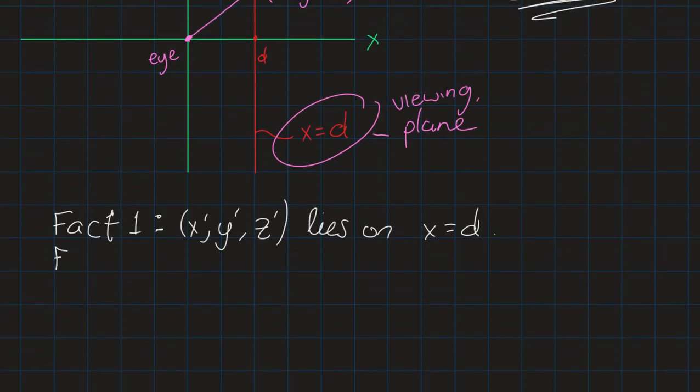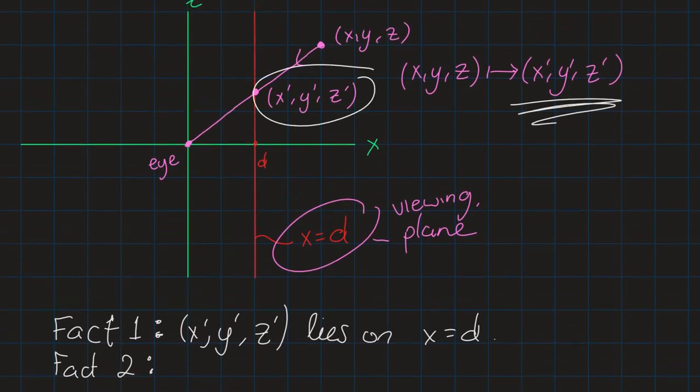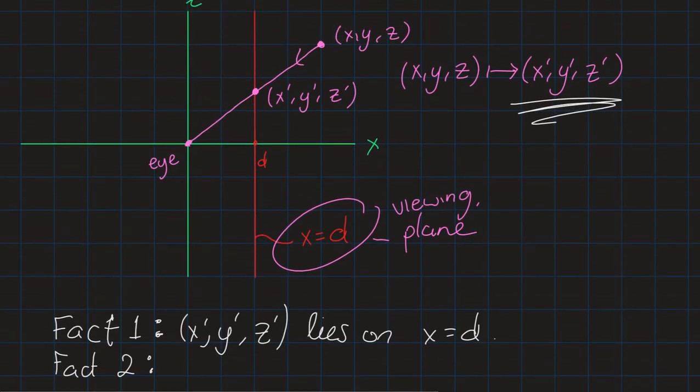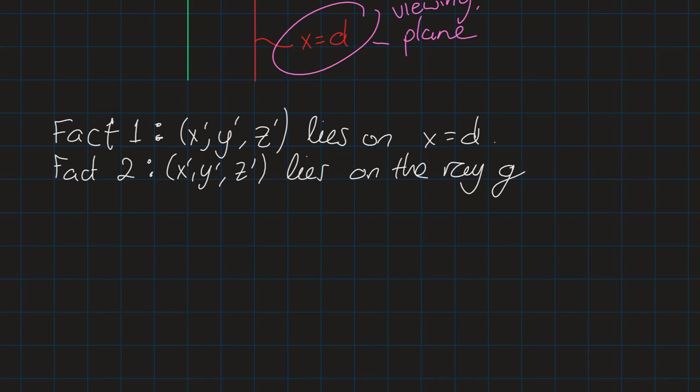And fact number two is x prime, y prime, and z prime lies on the ray generated by x, y, and z.